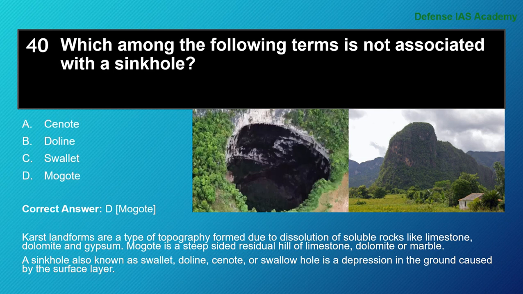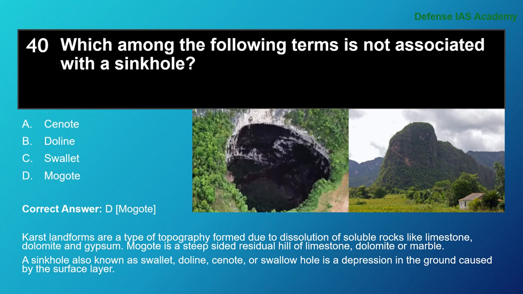So, a Mogote can be described as a steep-sided residual hill. It is a hill-like thing made of limestone, dolomite, or maybe marble. You can see in the picture, the rightmost one is the Mogote, a hill formation which can be of limestone, dolomite, or marble.